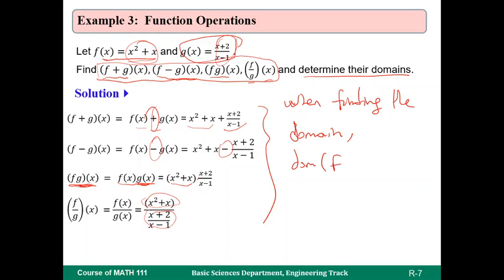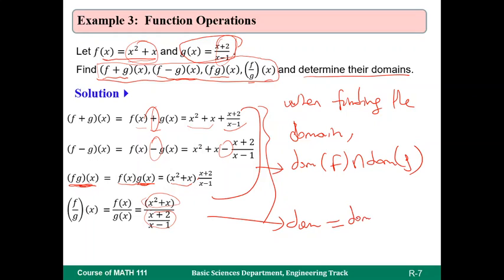The domain of these three is the domain of f intersection domain of g. Now the domain of this one here will be equal to the domain of f intersection domain of g. Then we remove the zeros of g of x. So we have to keep this in our minds.